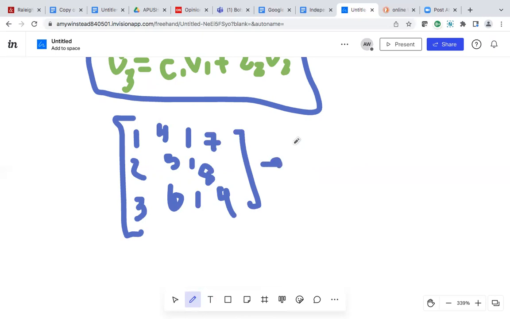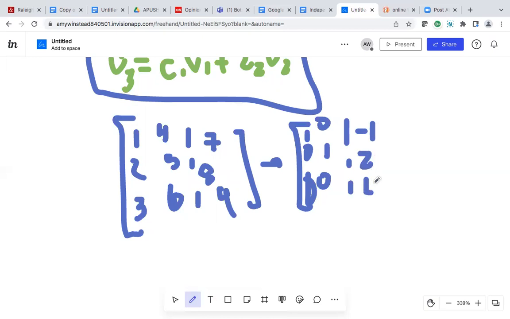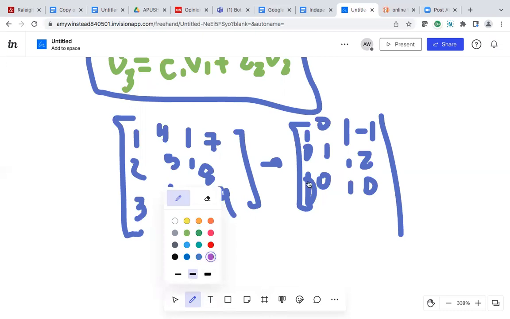And of course, we get a reduced row echelon form of 1, and we've got -1, 2, and 0 on the right side.